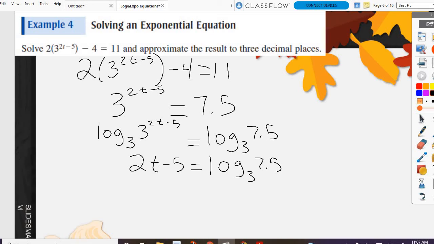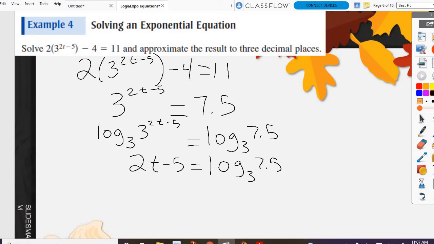Also, be careful. You are going to end up with a decimal approximation, but don't round your answers too early. Because some people would go ahead and type this into your calculator and approximate this. But if I do that and then do other things to that rounded answer, you're basically making your rounding error even bigger, okay?